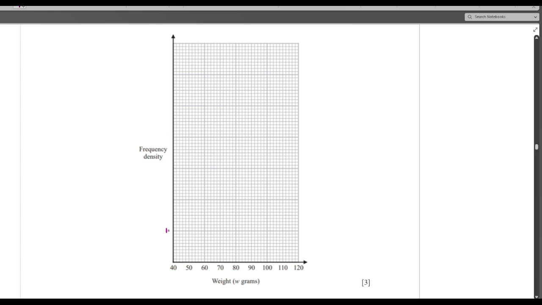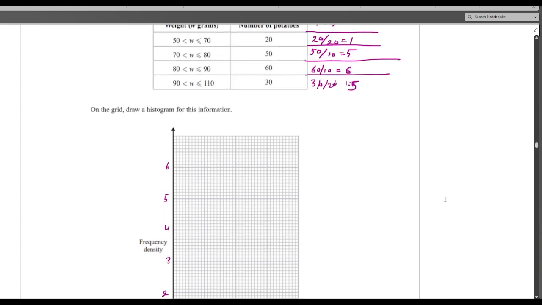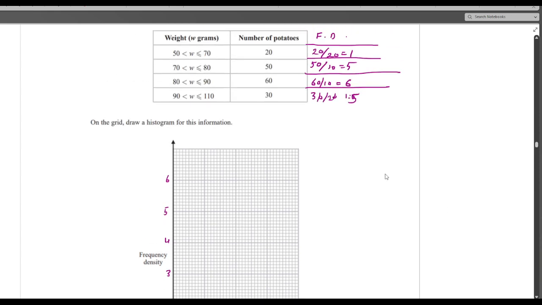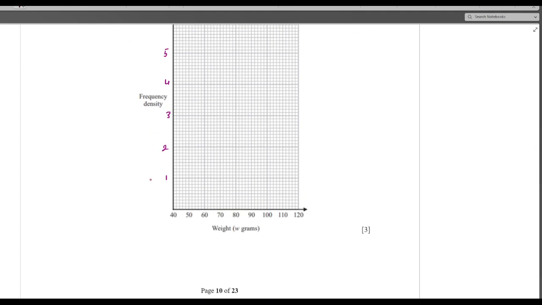I will write this as 1, 2, 3, 4, 5 and 6. From 50 to 70, the height is 1, so I will draw it like this.